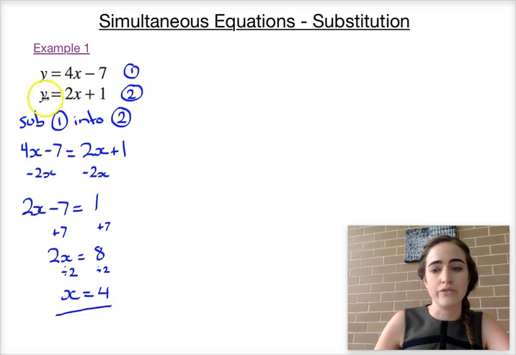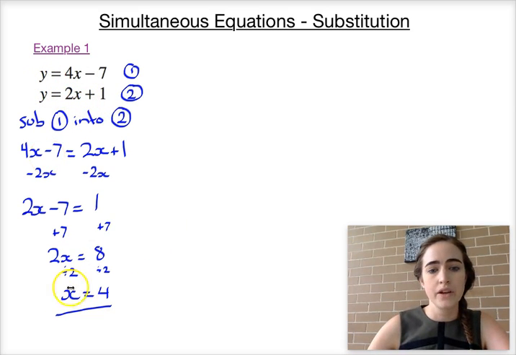That tells us what value of x makes these true, but we also need to find the value of y. So we're going to use that x equals 4 now. I'm going to substitute it back into one of our equations. It doesn't matter which one we do, maybe equation 2 because it has addition, and sometimes that's a little bit nicer to work with.